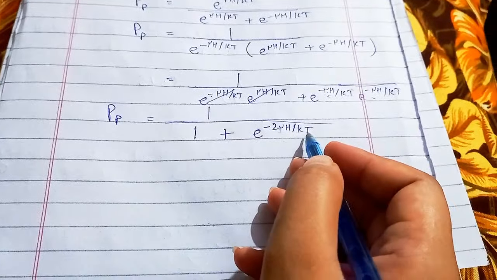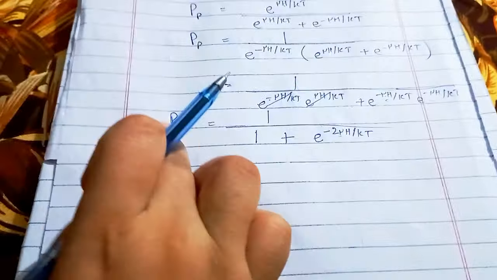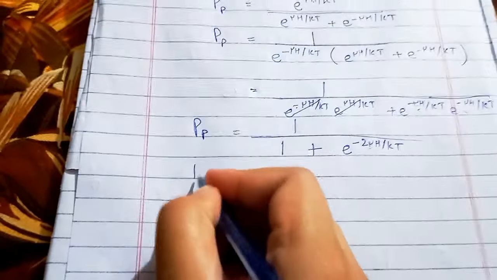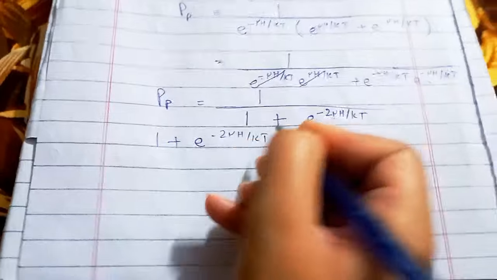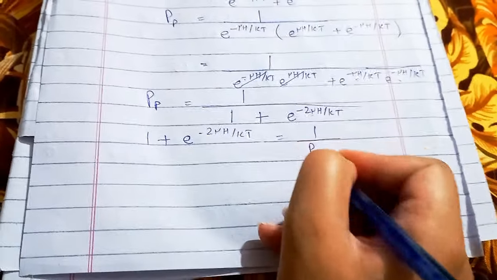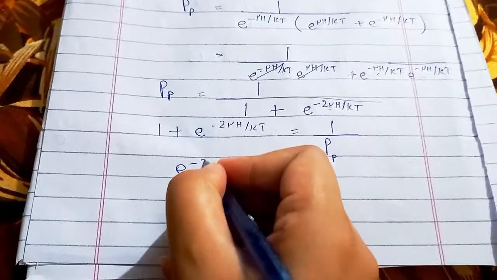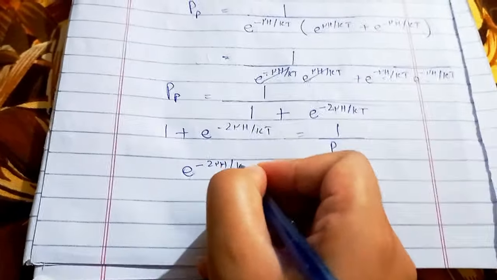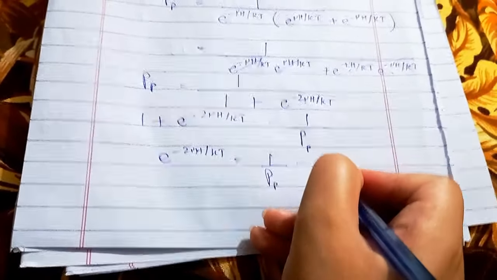and we need to calculate T. Okay, we'll separate it. I'm taking this term here and P will be taken here, so it's 1 plus e to the power minus 2 mu h by kT equals 1 over P. I'm taking 1 to the other side; it's plus, and it will become minus 1 on the other side of the equation, so 1 over P minus 1.